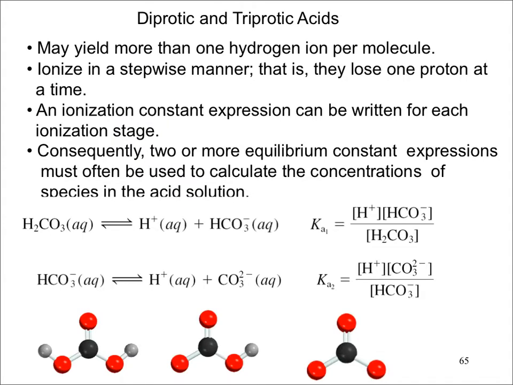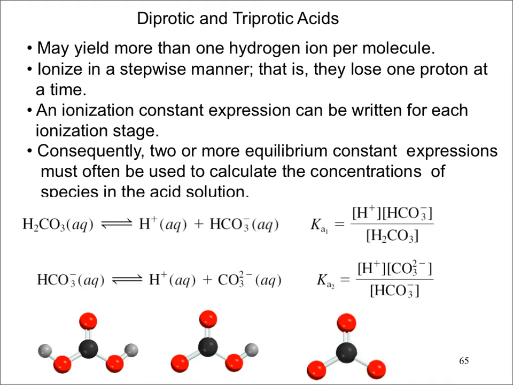Now, this is important because a lot of times we only give you Ka values, and you have to determine the Kb value from the Ka value and vice versa.